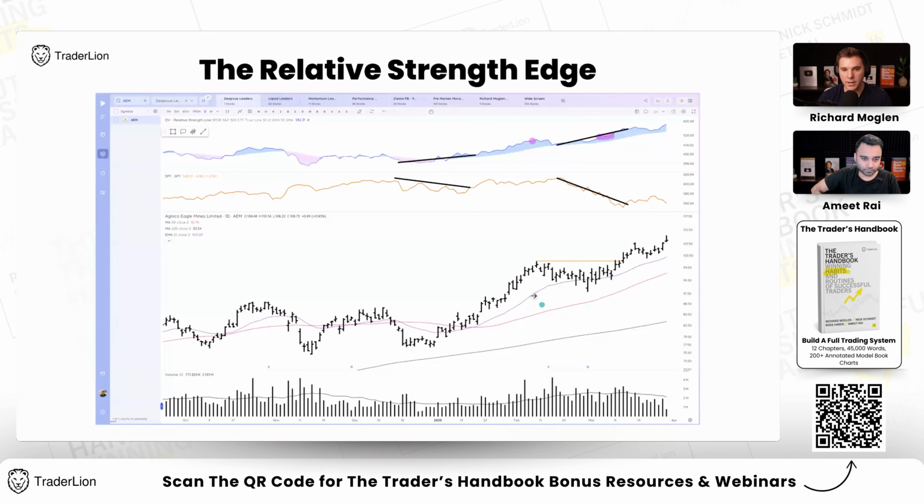Ryan, anything to add on how you look for this on charts and use the relative strength line maybe? Yeah, I would say there's no way a stock can hide and outperform the markets without showing relative strength. And that's it. There's nothing technically it could do that is sneaky or trying to mask itself somehow.